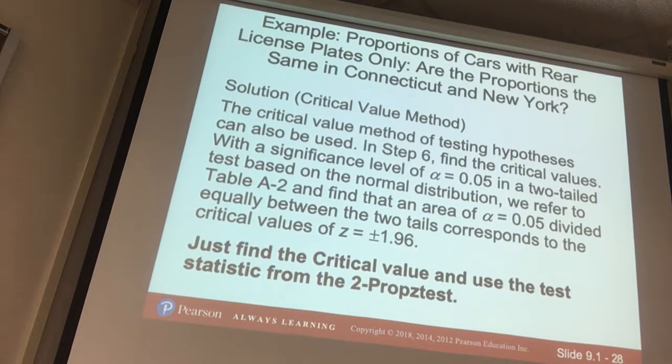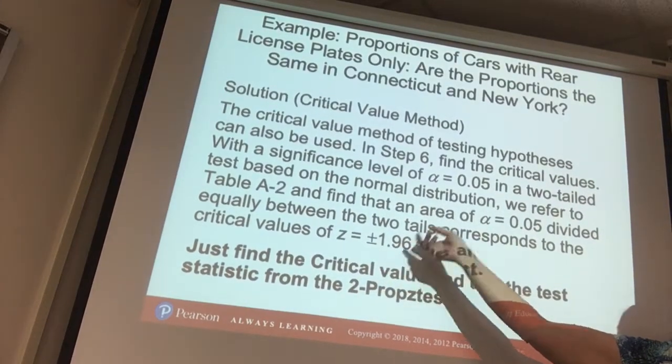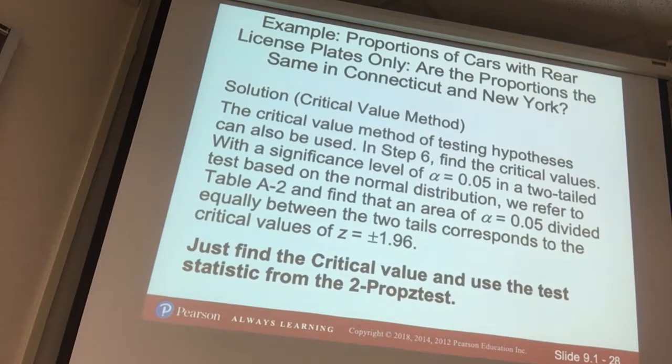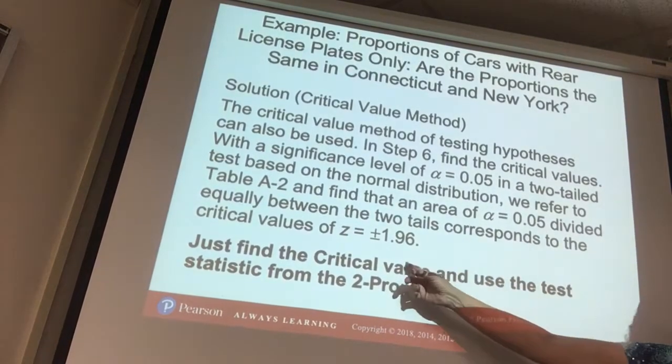So we're looking at 95%. And guess what it says? 95%, 1.96. So all we have to do for a critical value test is go get the critical value, take the Z test statistic that we just obtained from our technology, and compare the two.